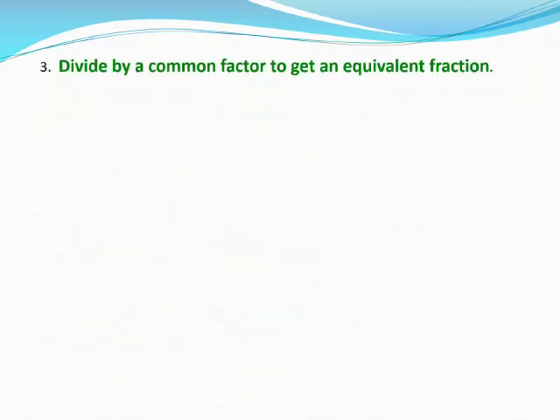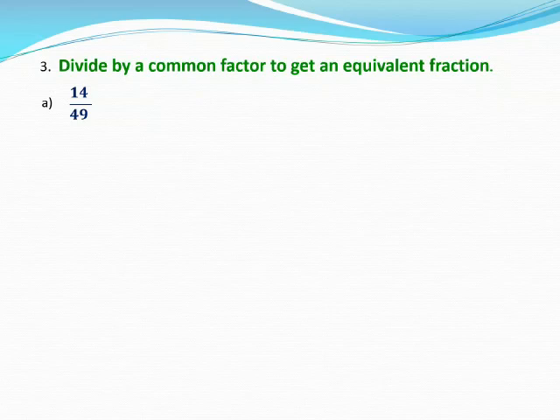Next question is divide by a common factor to get an equivalent fraction. First question, 14 by 49. Here we have to find out a common factor for 14 and 49. You know that 2 is a factor of 14 because it's an even number, but 2 is not a factor of 49.